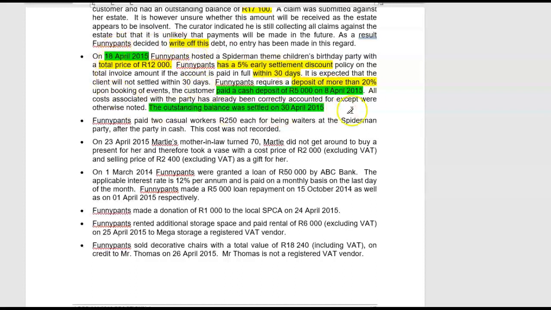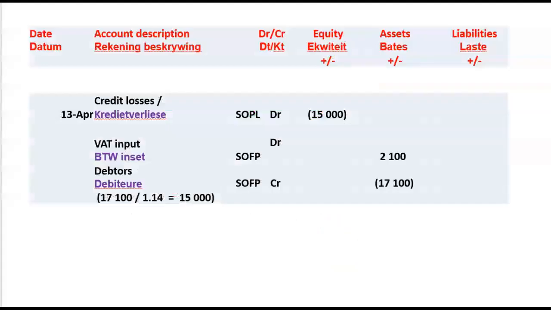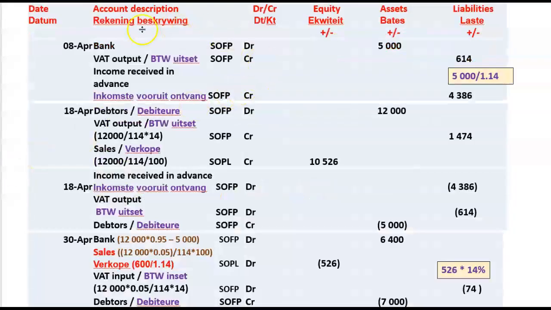Guys, whenever you get a paragraph like this, tear it apart and then do the stuff in date sequence as it has happened. Okay, so they receive a deposit of 5,000 Rand. Bank, statement of financial position, debit 5,000 Rand. Can they recognize the income at this stage?